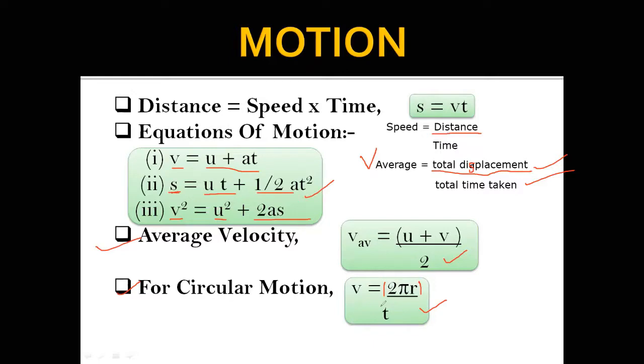So if we have to find out the velocity of the circular motion, then we have to use the formula of distance by time. Okay, this is also the formula of distance by time, but in circular motion, if an object is moving, it means we have to find the circumference, that is 2 pi r, circumference of the circle divided by time taken.